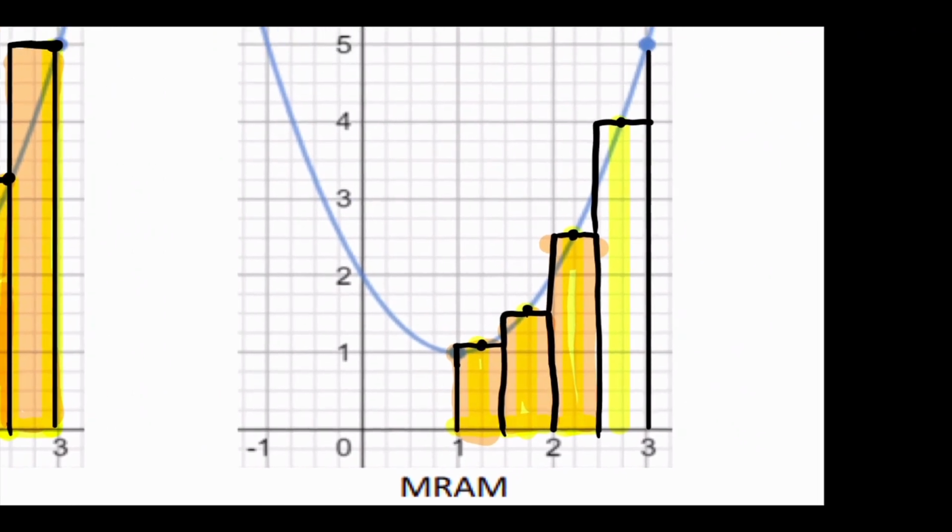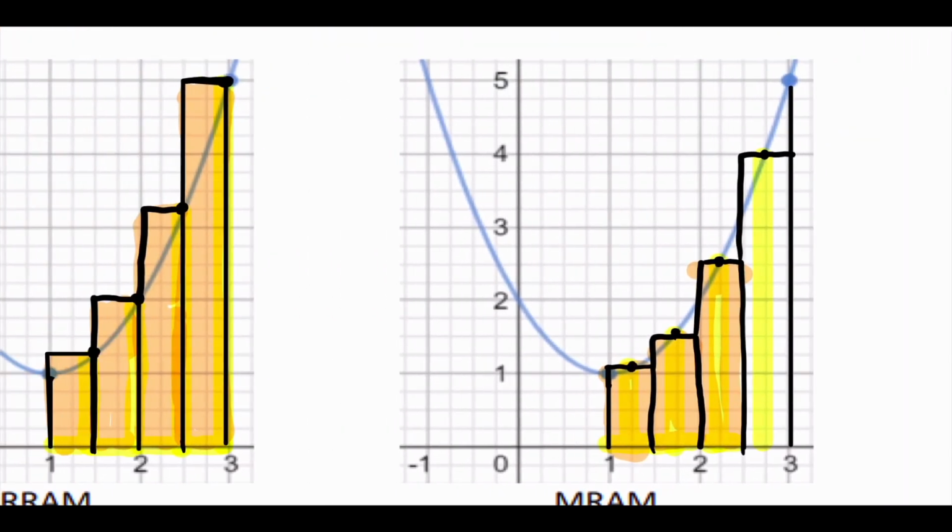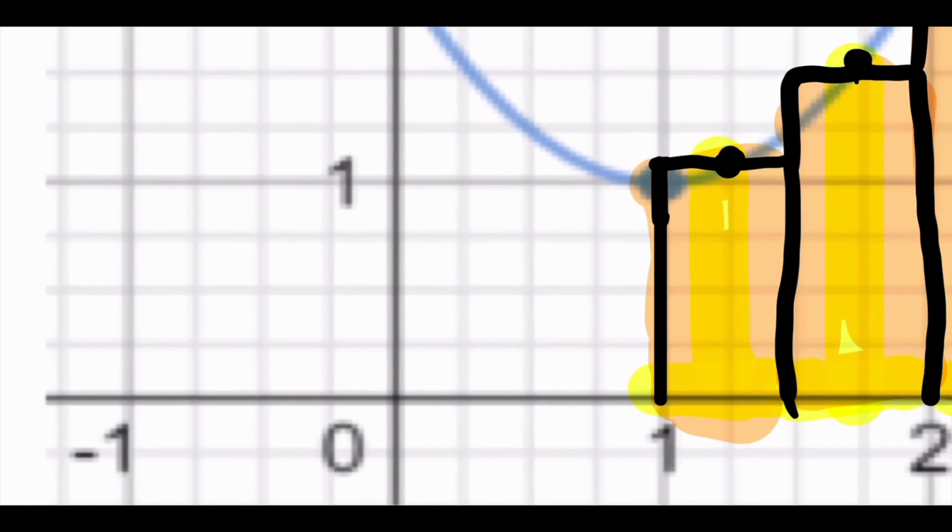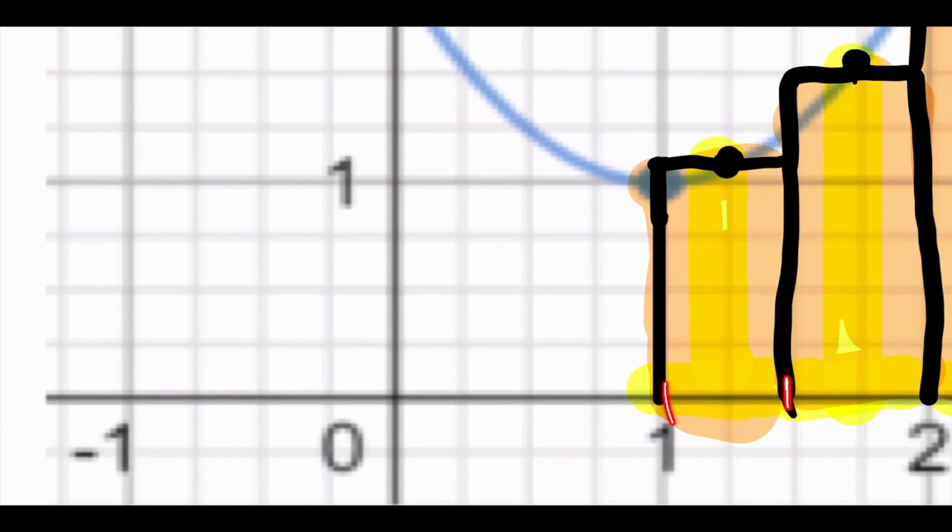What determined the height of each of those rectangles? The midpoint, right? In between. So if the first rectangle went from 1 to 1.5, the middle determined the height.